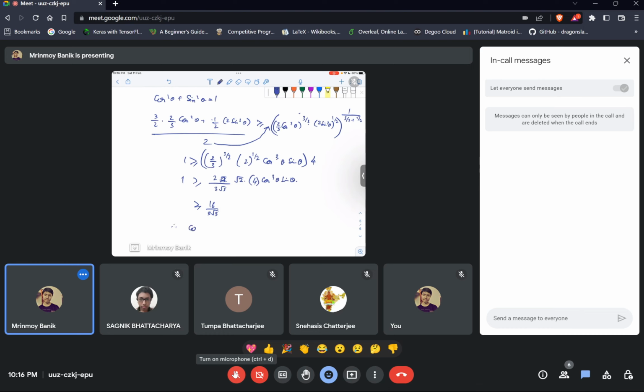So cos cube theta sine theta is bounded above by 3 root 3 by 16.